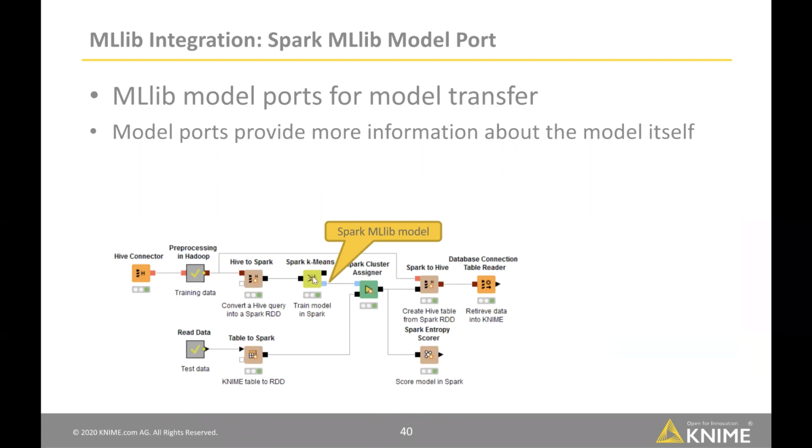For the Spark k-means model, you would use the Spark Cluster Assigner. The other nodes that are more classification and regression have special predictor nodes. Also, you can look at the model, or you can store the model somewhere where you can read it back in later to do prediction.